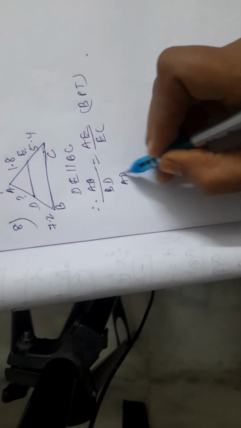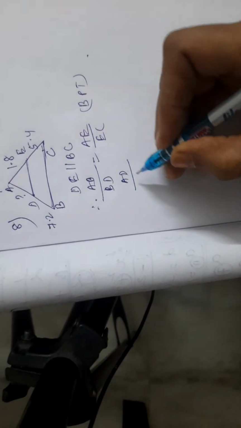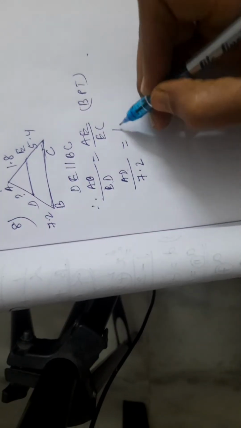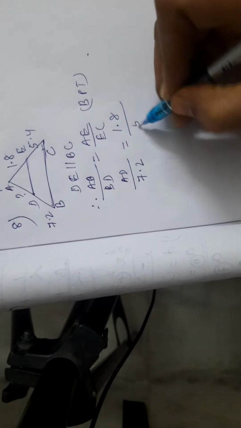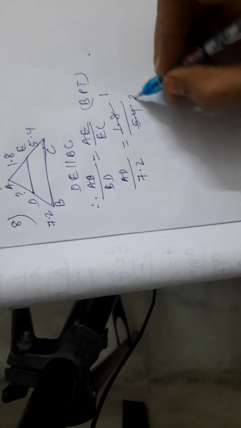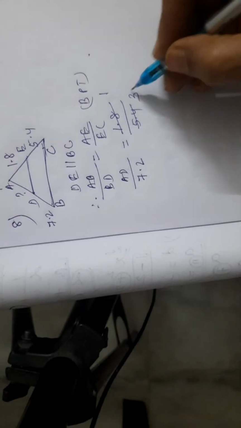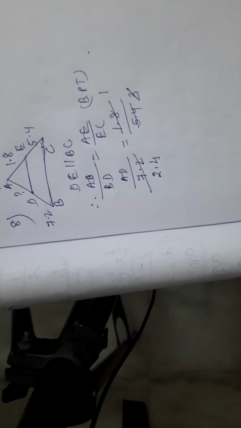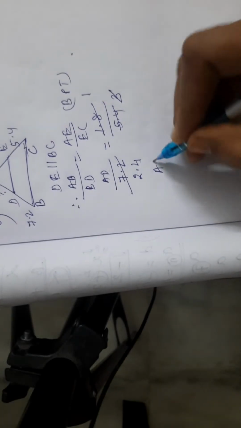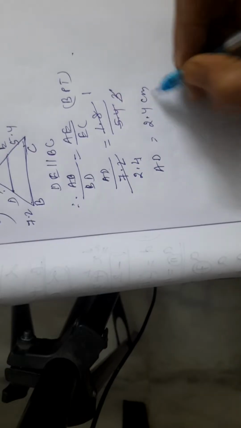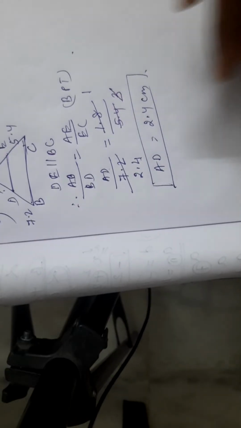Here AD is not given, which we need to calculate. BD is 7.2, AE 1.8, and this 5.4. So we can cancel it. 18 ones are 18, threes are 54. Now 3 twos are 6, 3 fours are 12. So AD is 2.4. We got the value of AD.